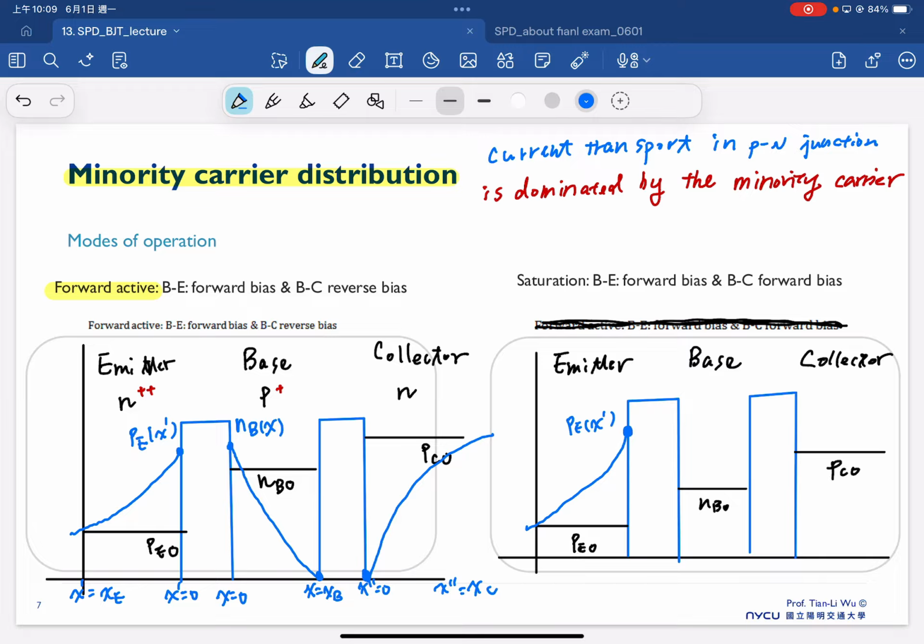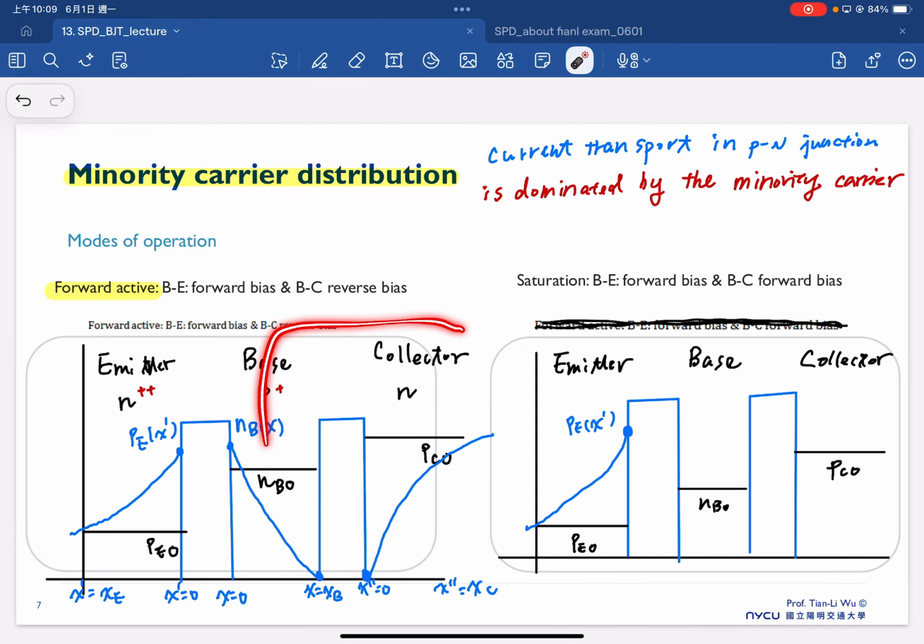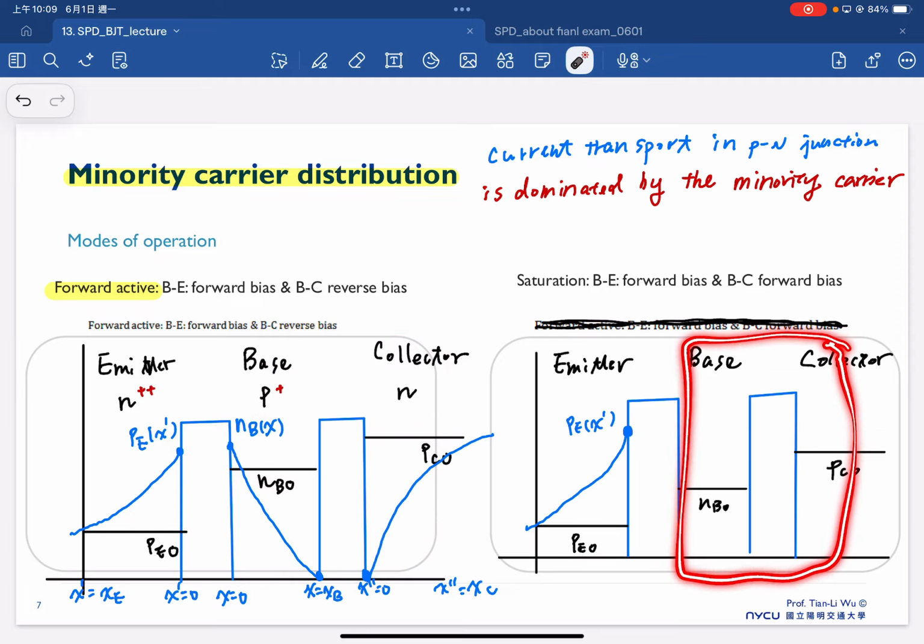And right now, the base collector is under the forward bias as well. Previously this was under reverse bias, now this is under the forward bias.